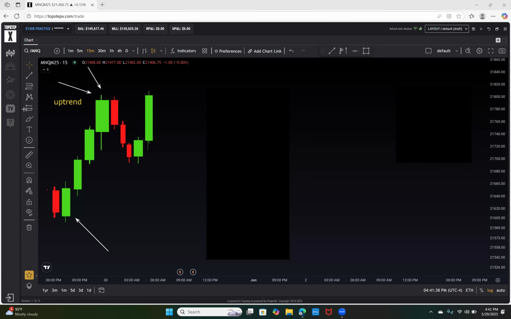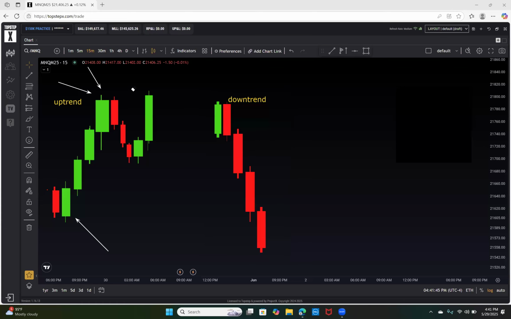Let's get into the next market trend here. This is very similar to the uptrend, and we've got a downtrend. So what is a downtrend? A downtrend is candles trending down. That's what a downtrend is. When do downtrends start?